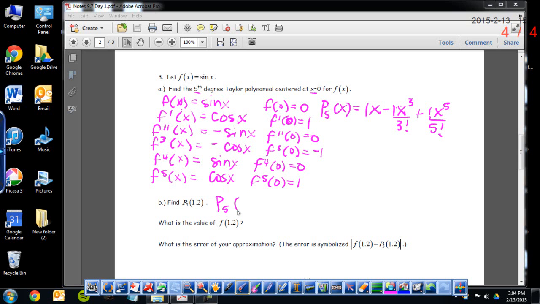So p sub 5 of 1.2 literally means you're going to go up to this equation that you just created, and everywhere you see an x, you're going to plug in a 1.2. Obviously, you would want to do this with a calculator. Back in the olden days, before calculators, they cranked this out by hand. But if you type that into your calculator, you get 0.932736.